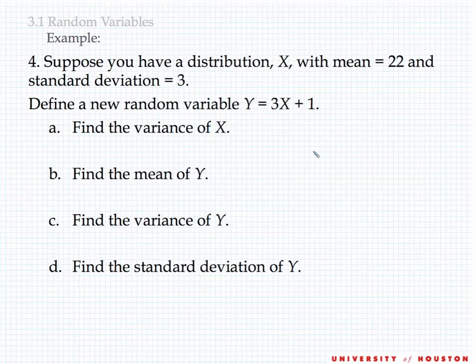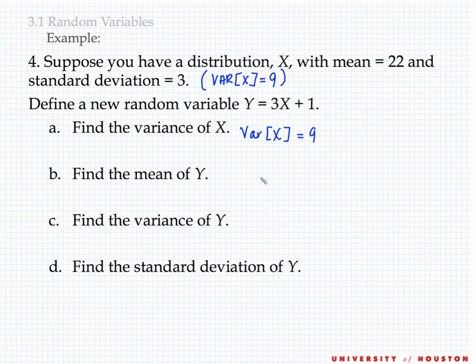Example 4. Suppose you have a distribution x whose mean is 22 and standard deviation is 3. Note that this is the standard deviation, so its variance would be 9. Now define y to be 3 times x plus 1. The mean or expected value of y is equal to the expected value of 3x plus 1, as defined right there.